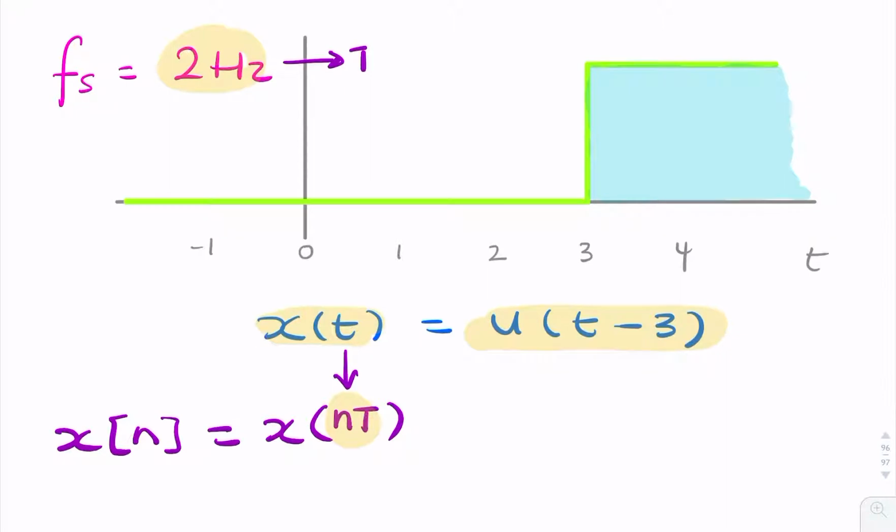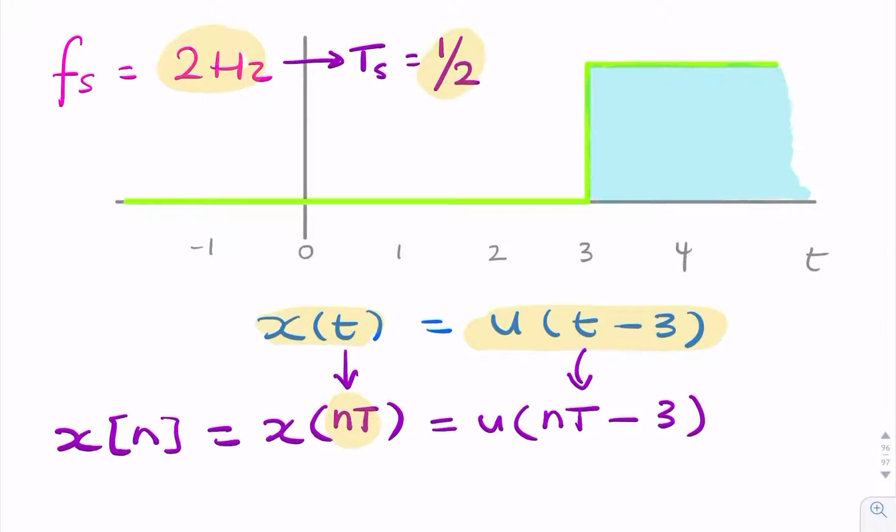So T, or Ts, is 1 over 2. So it's the reciprocal of the sampling rate. So we simply replace every instance of t with nT. And now, because we know the value of uppercase T is just half, I can now just replace that T with half.